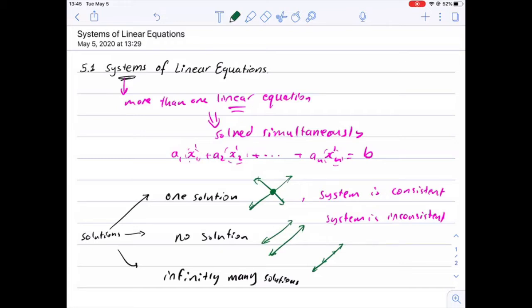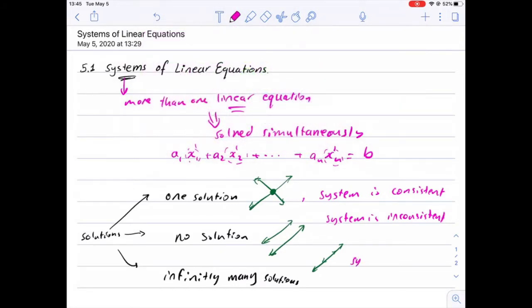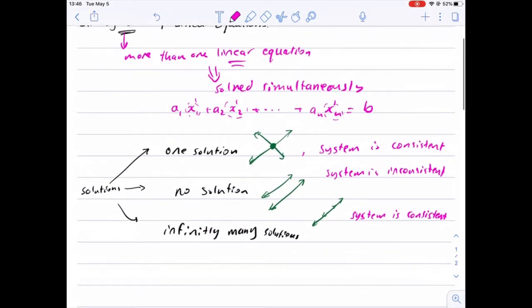That means the points in common are infinite, all the points. In this case, we still call the system consistent because we have solutions. If the system has solutions, then we call it consistent. If it doesn't have solutions, then it's inconsistent.